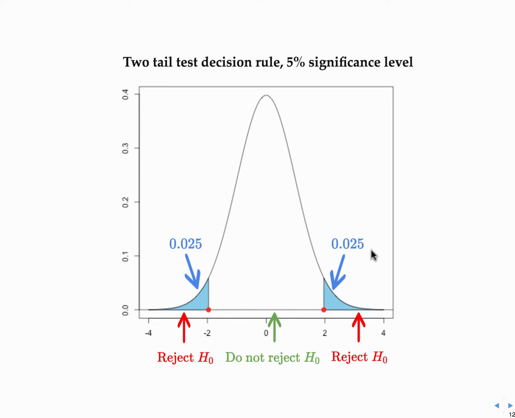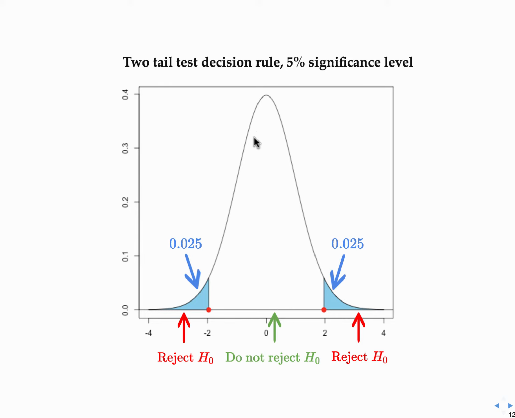And when you add those together, it's telling us that overall there is a probability of 0.05 of rejecting the null, which leaves the rest in here. So there's a probability of 0.95 of not rejecting the null hypothesis when the null hypothesis is true.